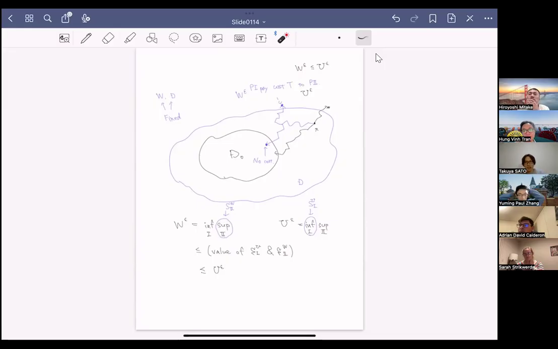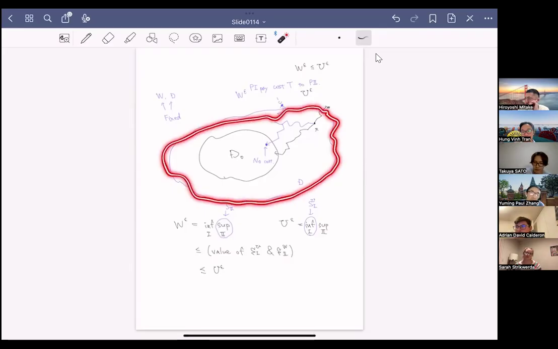Yes, yes, yeah, immediately that is correct, but to show that U epsilon is really less than W is the difficult point, because basically we cannot know the value of U on this boundary.